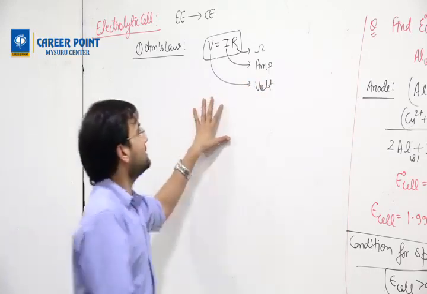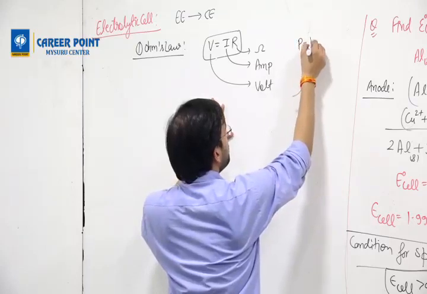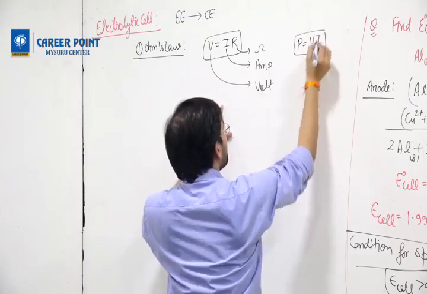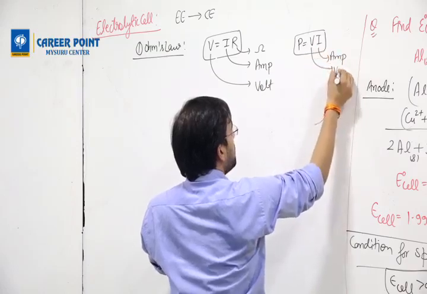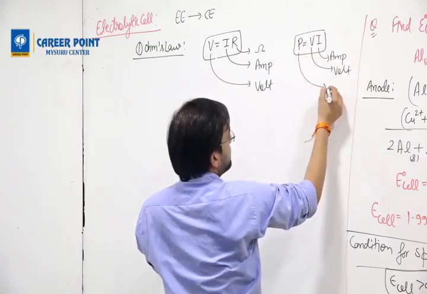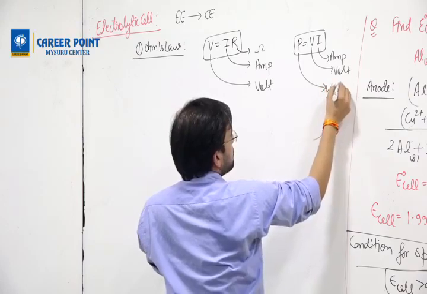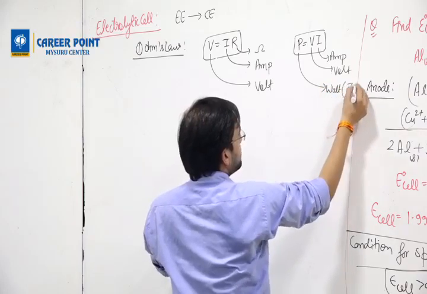Okay, this is it. Then we have one more, P equals to VI, ampere, volt. This is power. Power is watt or joules per second.